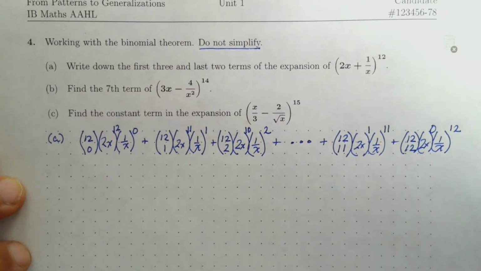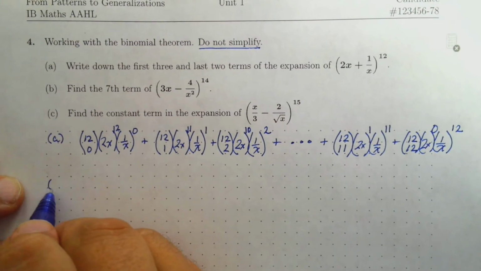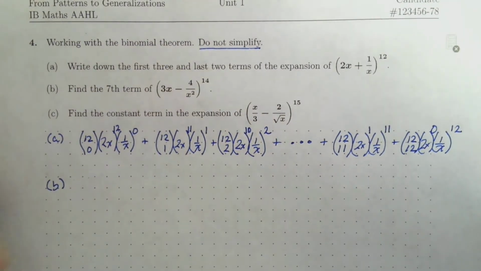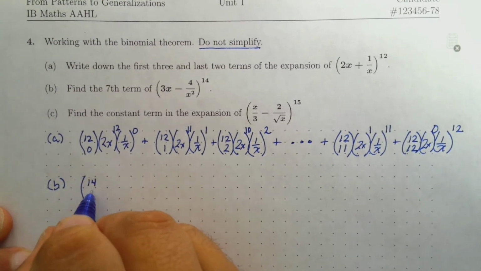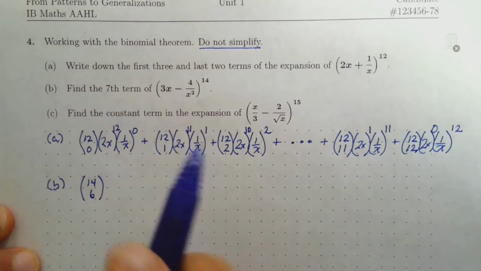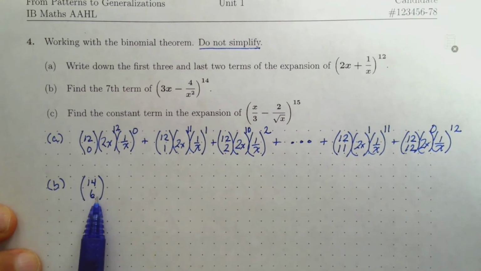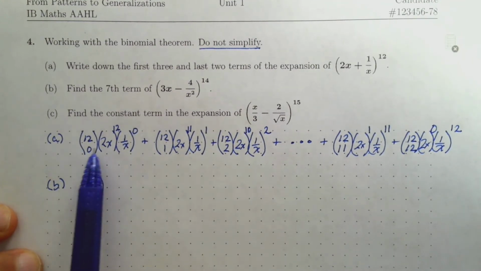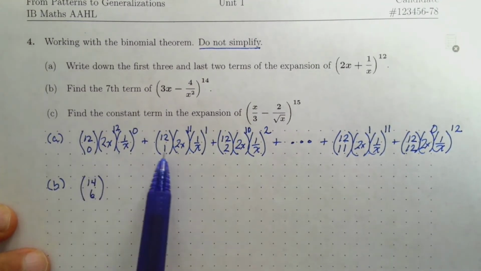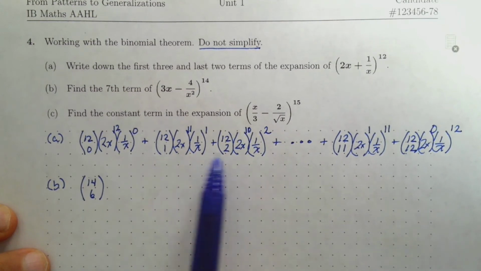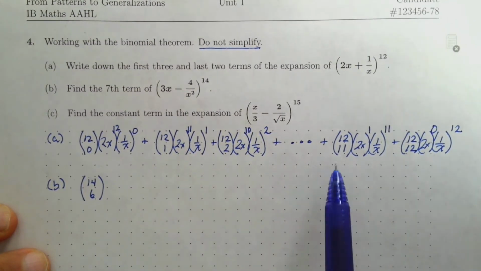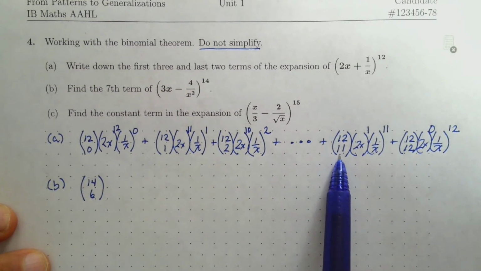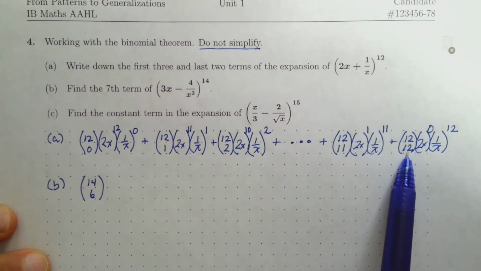For part B, we want the 7th term in our expansion. So my 7th term is going to be 14 choose 6. Why 1 less? Well, notice my first term starts at 0. My second term is with the 1. My third term is with the 2. So this means that this 11 represents my 12th term, and this 12 represents my 13th term.